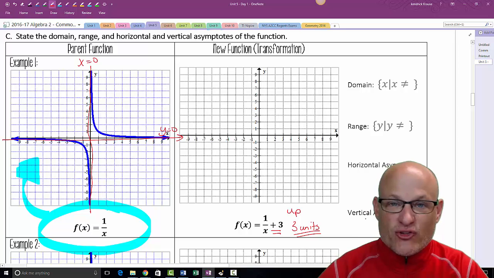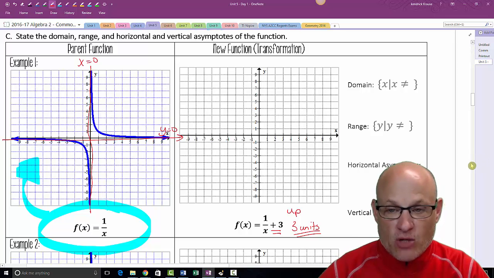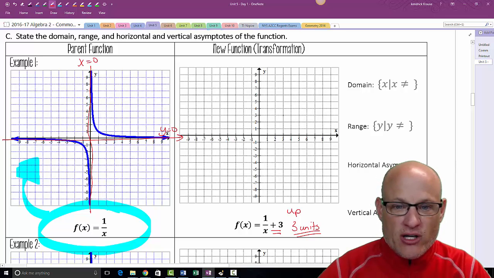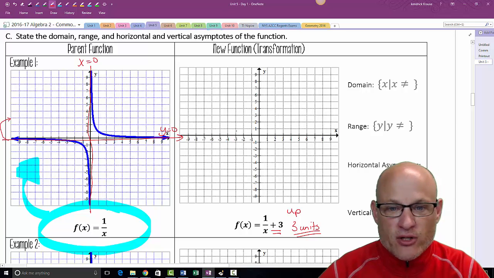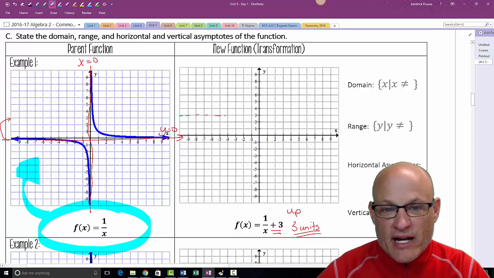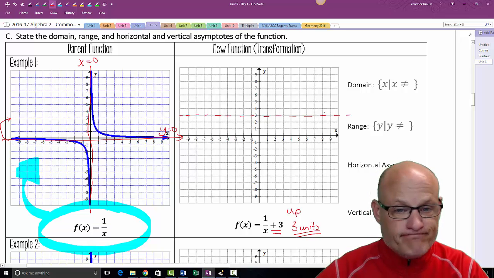So I think it's good to sketch what this looks like and then talk about domain and range. If this thing goes up 3 units, wouldn't this asymptote go up 3 units? Up. So now my asymptote, which I really should draw with a dotted line because it isn't part of the graph, is right there. Now, did it go left or right at all? Nope.